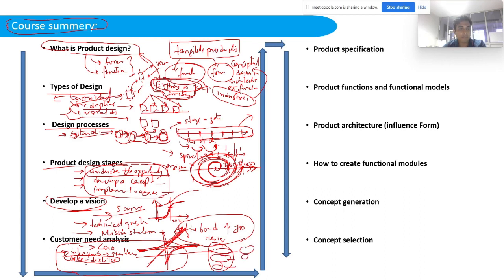Okay. Then we discussed how you affinitize the needs. You try to group a lot of customer needs into certain buckets or categories, so that you can define them at a higher level, something more understandable from a functional point of view.